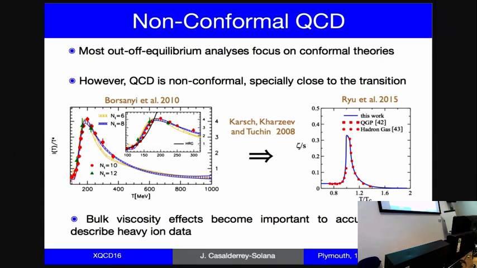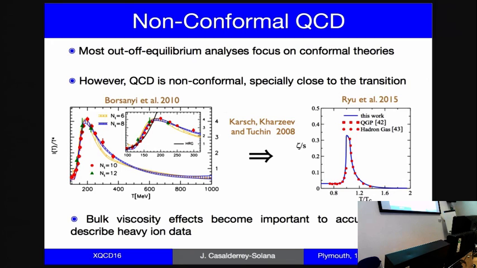Now, all that I have said before assumes that you have a conformal theory, and now I want to describe what happens if you study a non-conformal theory. We certainly know that QCD is non-conformal, at least close to the phase transition.